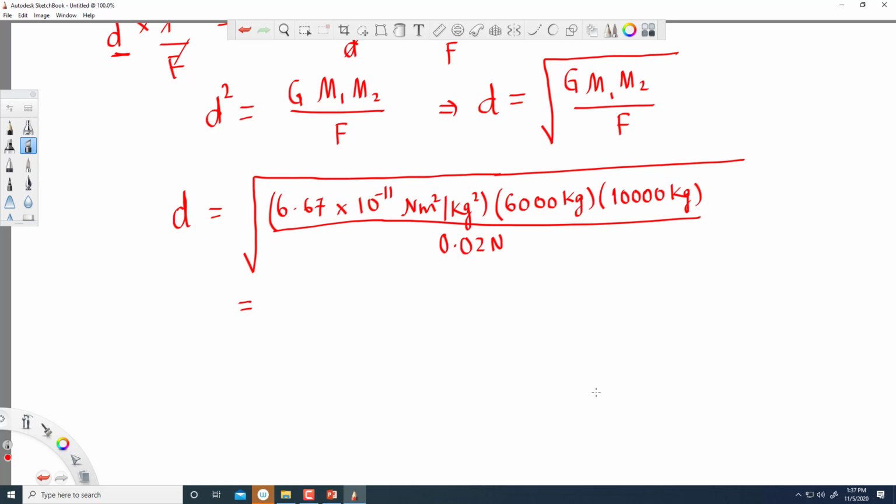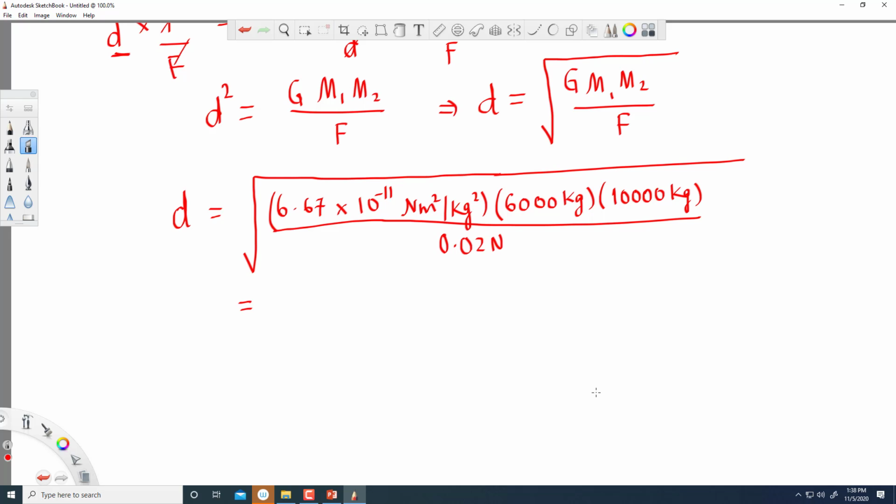Different calculators have different kinds of buttons. Then press that one. That's times, and now negative 11. Negative is not that negative. You have two types of negative here. One is for the power, and this is what you need to use. If you want to subtract something, then you use the other negative sign.